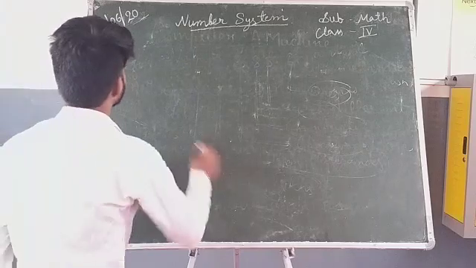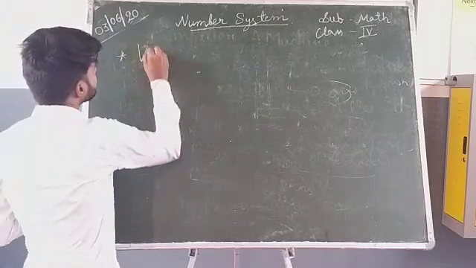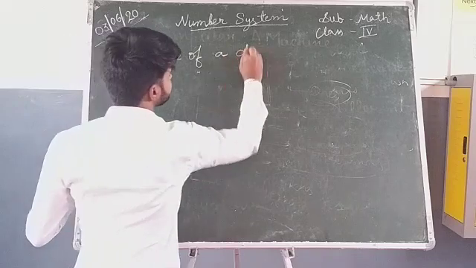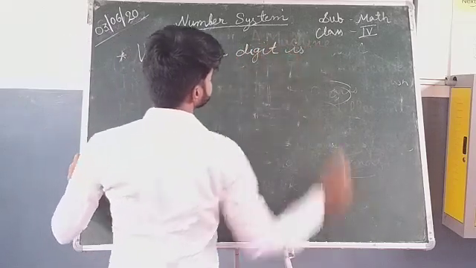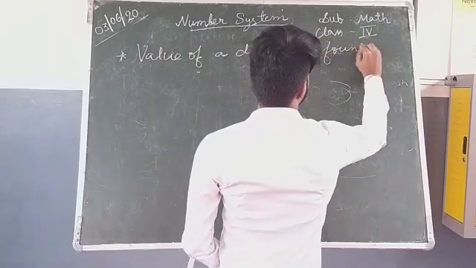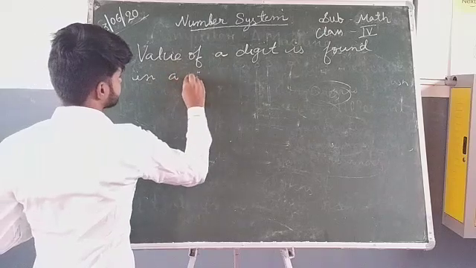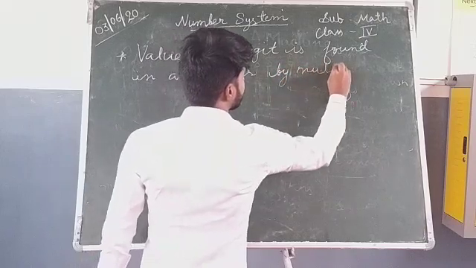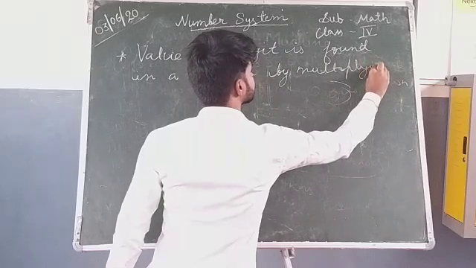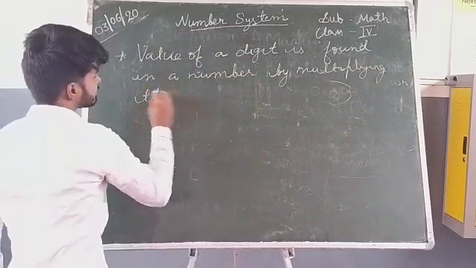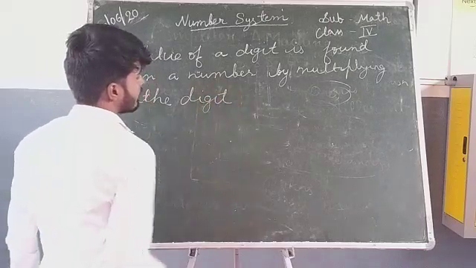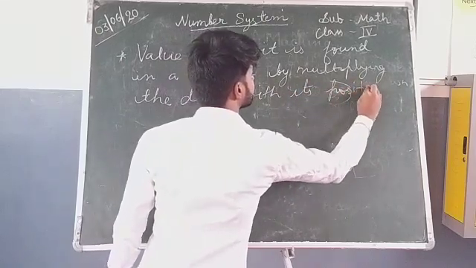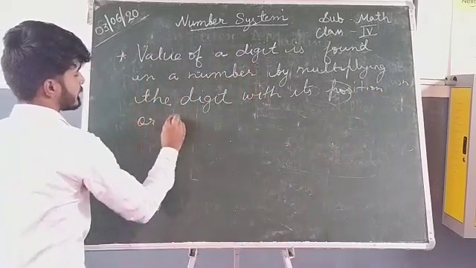For this, value of a digit is found in a number by multiplying the digit with its position or place.